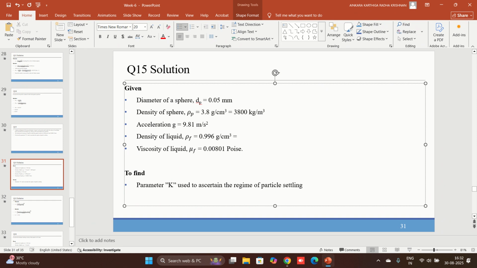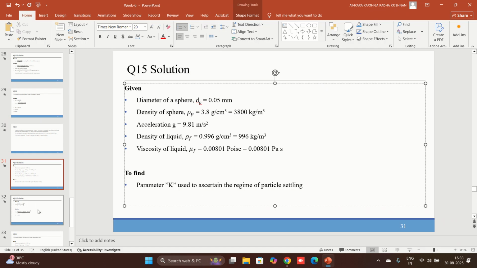The fluid density is 0.996 gram per centimeter cube, or 996 kg per meter cube, and the viscosity of the liquid is 0.00801 poise, in Pascal second. We have to find the parameter k, which is used to ascertain the regime of particle settling.